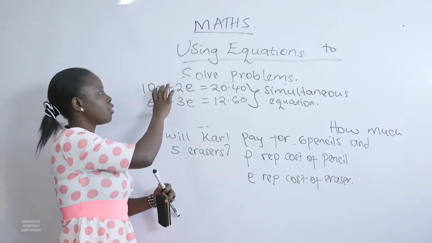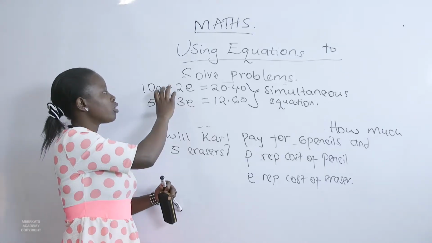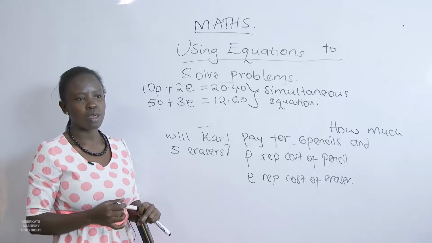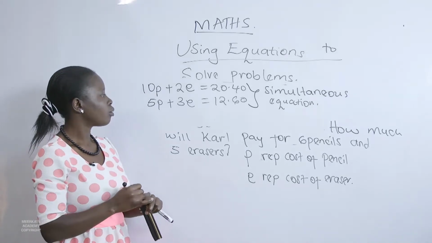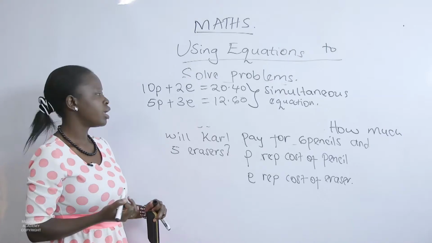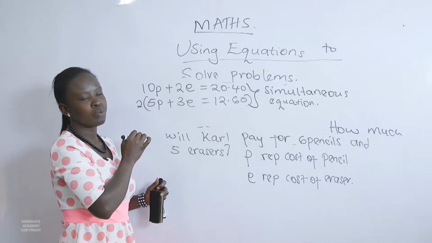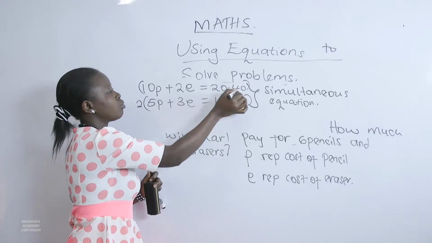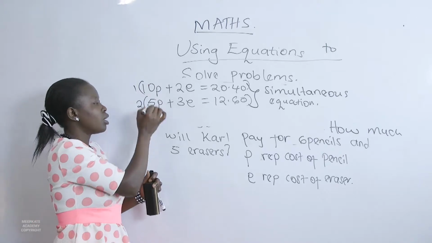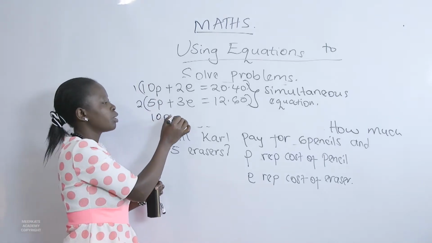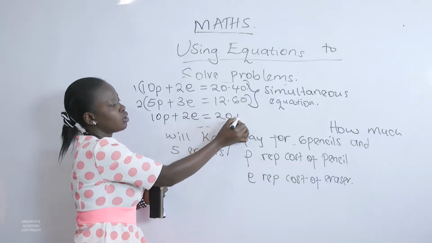How do I make the two coefficients for the pronumeral p the same? The one possible way is simply by multiplying the second equation by 2, and the first equation by 1. So when I multiply by 1, we have 10p plus 2e equal to 20.40.